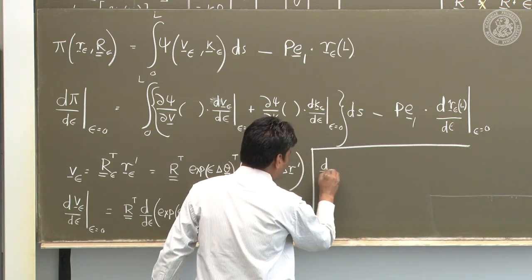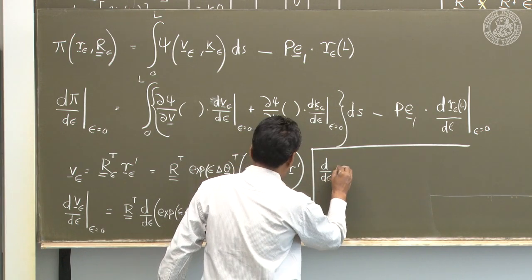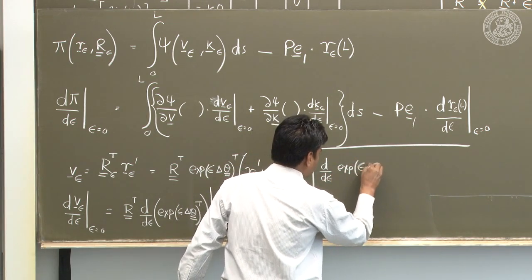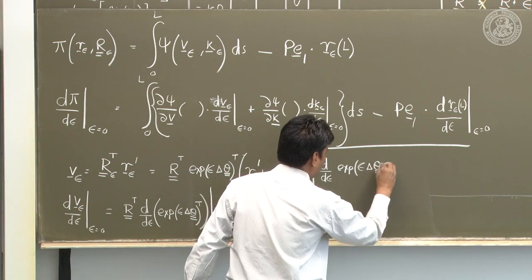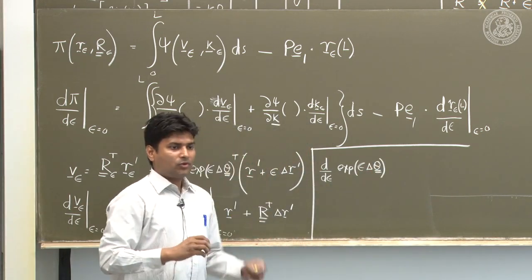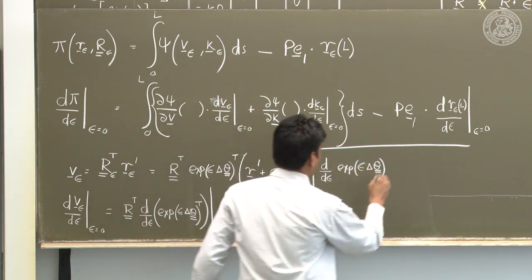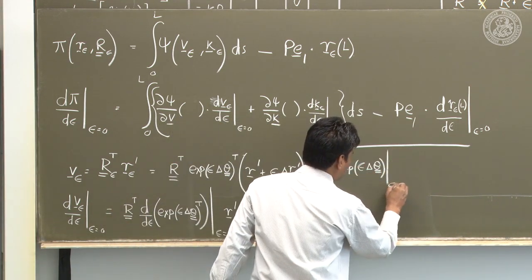So let's work out d by d epsilon of exponential of epsilon delta theta. You can now do your Taylor expansion. We want it at epsilon equal to 0.